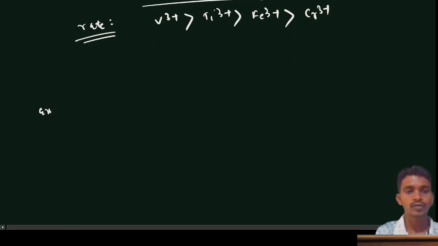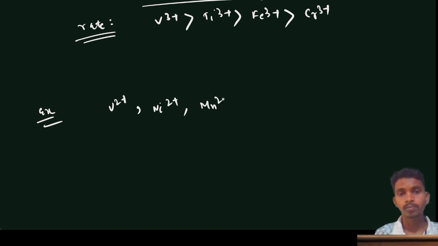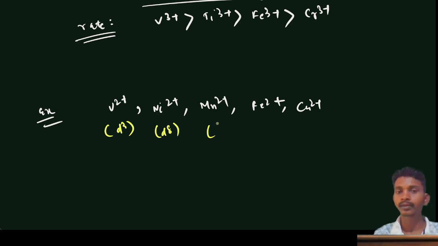Similarly, if we take another example, let's say we have vanadium 2 plus, nickel 2 plus, manganese 2 plus, ferrous 2 plus, and copper 2 plus. Vanadium is D3, nickel is D8, manganese is D5, ferrous is D6, and copper is D9.